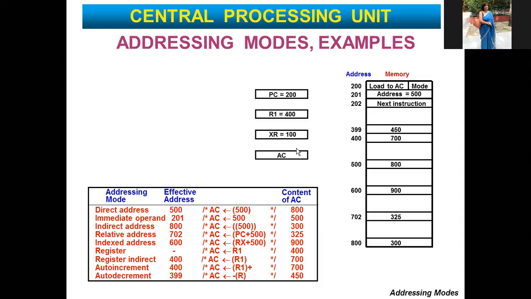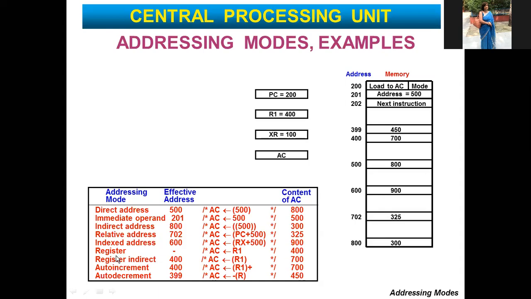Here R1 register is given and it contains the value 400. So this 400 will become the final value of the operand, but no address is specified in case of register. So here no value is given under the effective address field, but the value of the operand that will be loaded in the accumulator register will be 400 in case the addressing mode is register addressing mode.